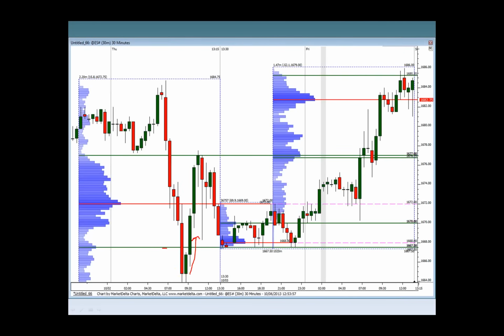And it came up to the volume point of control. It went up even higher for a test of the value area high, and then it dropped right back to the value area low. Now, during this particular session here in the middle, which was an evening session, it continued to stay between the volume point of control and the value area low from the prior session.